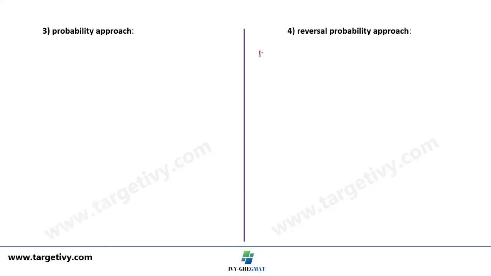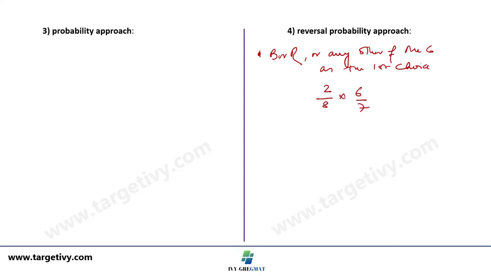Say number one, it may be B or R or any other of the six as the first choice. So that makes it 2 by 8 multiplied by 6 by 7.